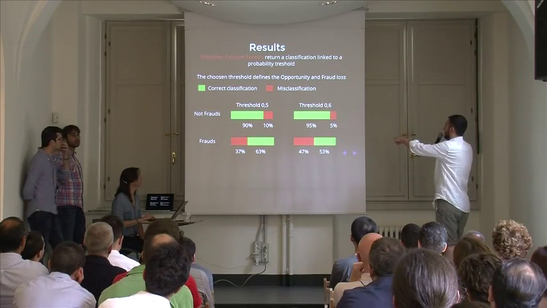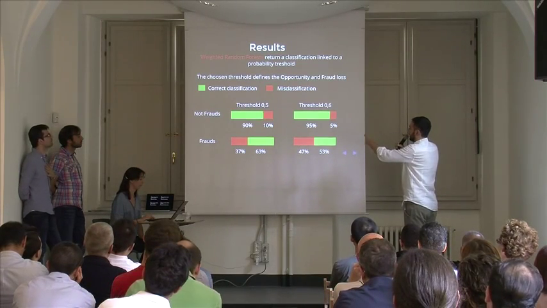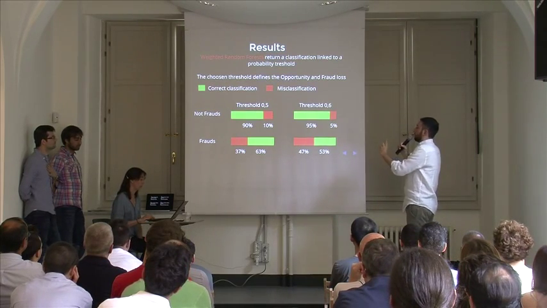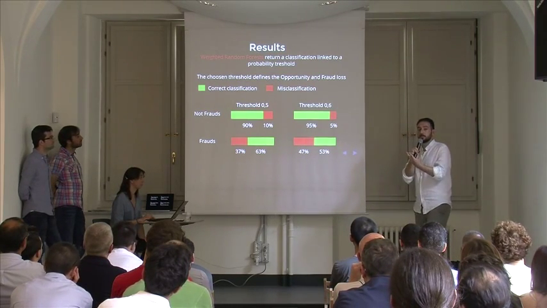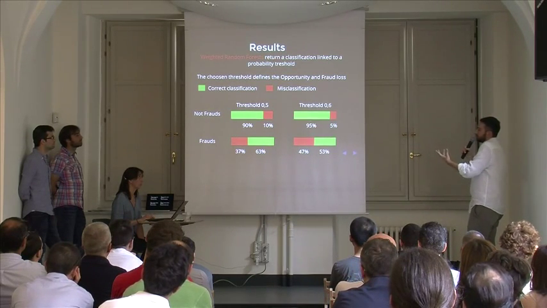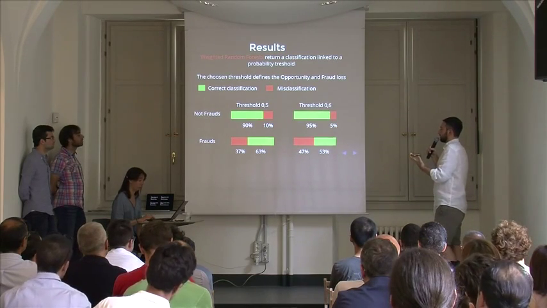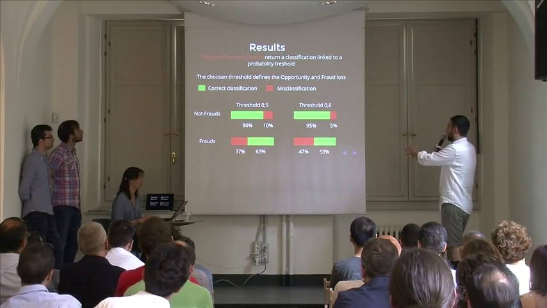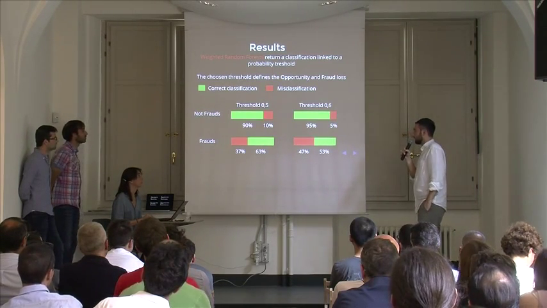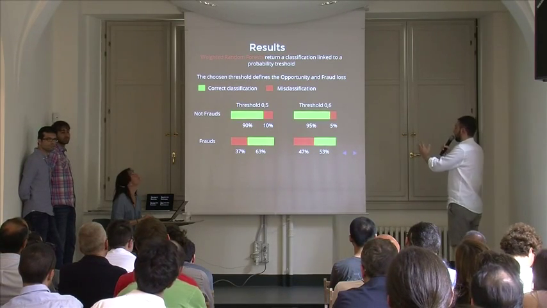As we can see, our algorithm is able to correctly classify 90% of non-fraudsters, and the 10% misclassification is a cost. It is an opportunity cost, because in this way you are losing revenues. So this is the problem. We are able to correctly classify 63% of the frauds. Then we compare this result with another threshold equal to 0.6.